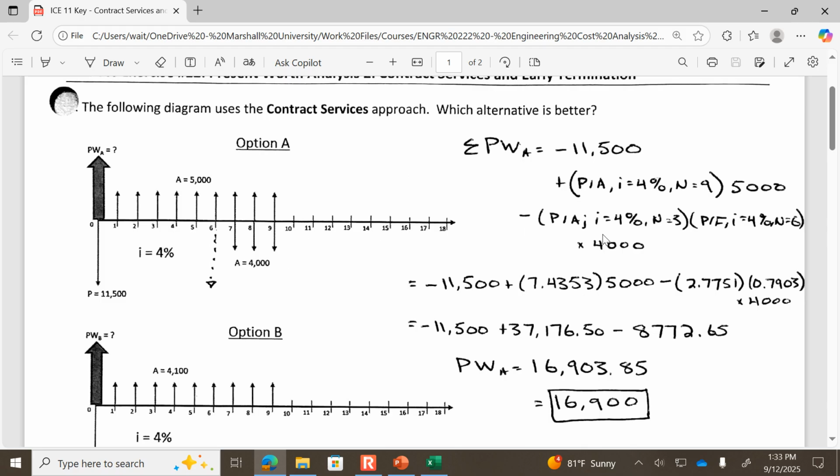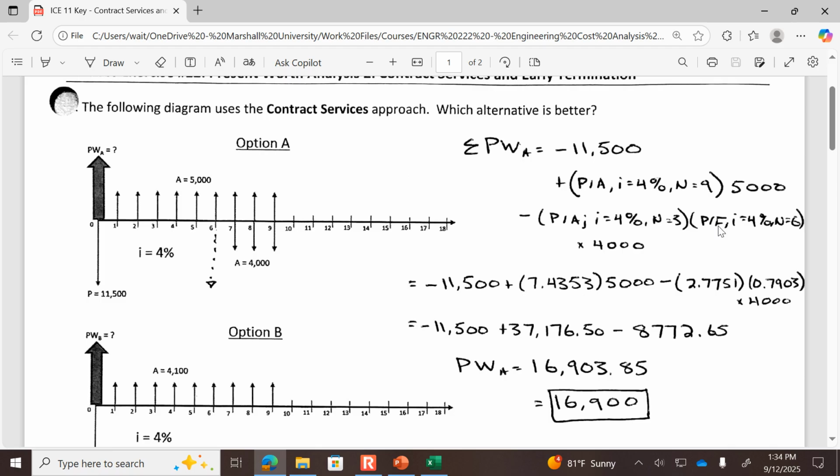And I'm going to multiply two factors together because it's two things I have to do. I want to find P given A of the annual series, which is going to make it this lump sum value in year 6. That's what's in this first parentheses, the P of A, 4% interest, N equals 3. And then once I aggregate it together as a lump sum in year 6, with this second factor I'm going to move it using find P given F from year 6 to year 0.